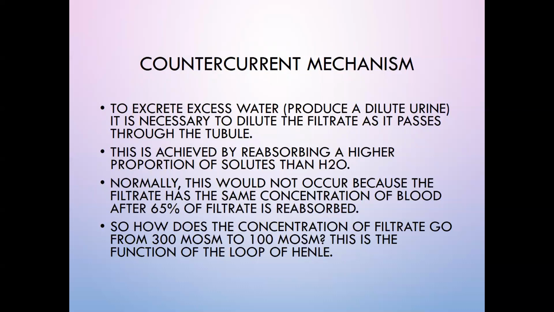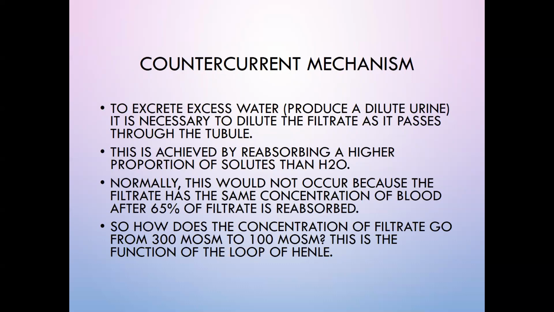We're not going to keep it in our bloodstream, because that's going to produce too high of a blood pressure, and then we'll have cardiovascular problems, and so we have to get rid of the extra water. So that's why we want to have a dilute urine. And so it's necessary to dilute the filtrate as it passes through the tubule. So how do we dilute the urine filtrate?